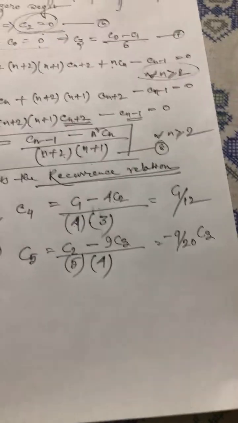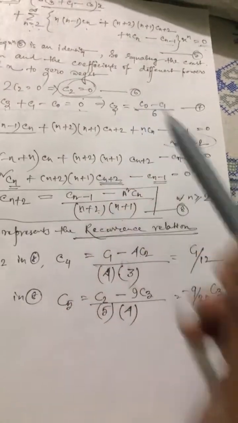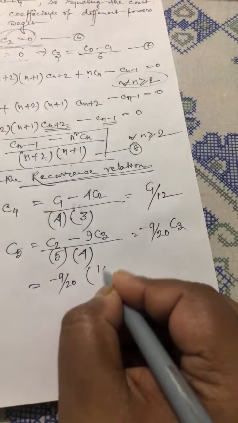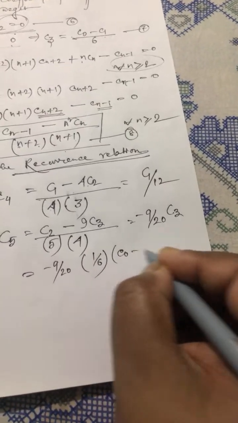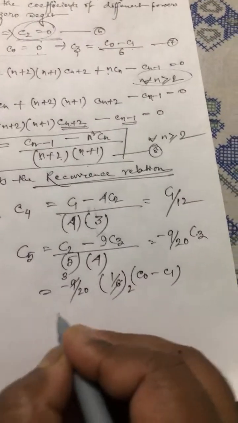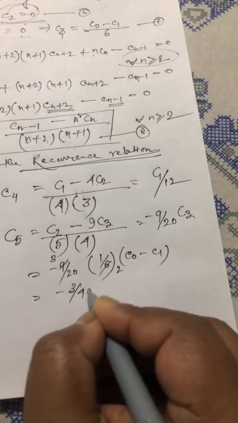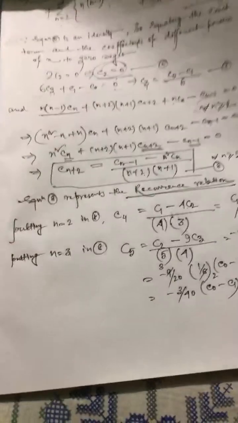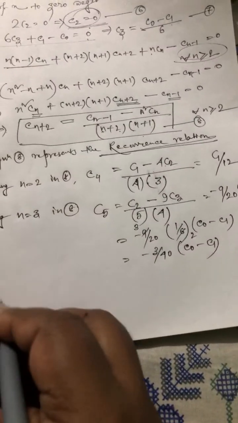But don't forget, c3 is also dependent on c1 and c0. So you can write minus 9 by 20 into 1 by 6, (c0 minus c1). So you can cancel, and ultimately we will get minus 3 by 40, (c0 minus c1). Now in this fashion you can find 3-4 constants maximum. So I am finding one more.